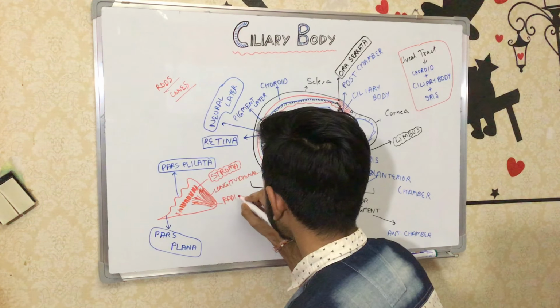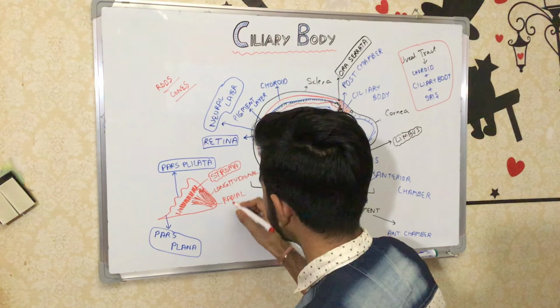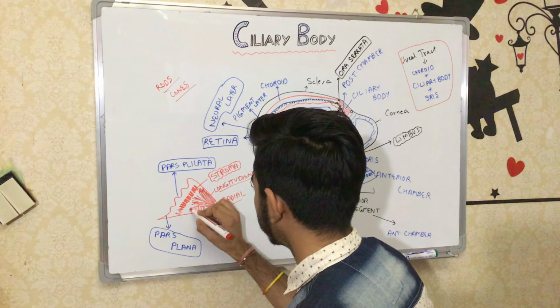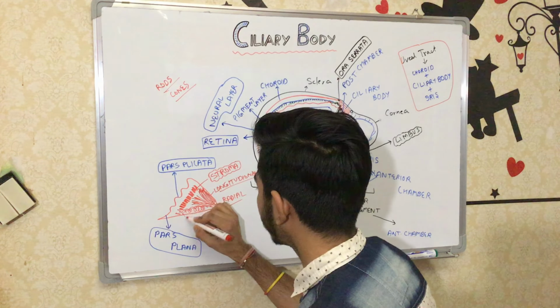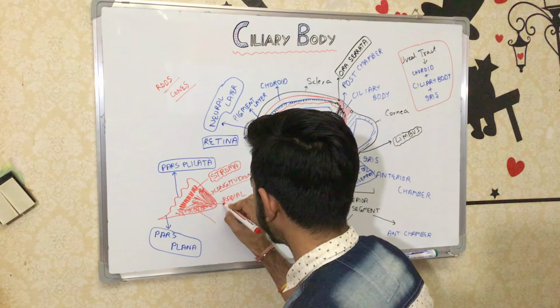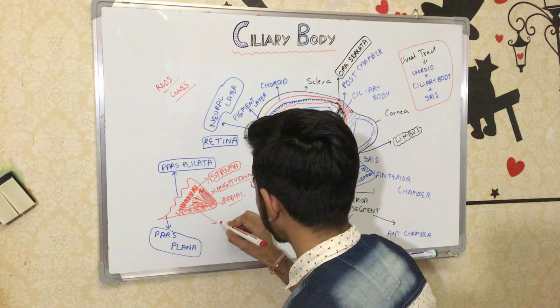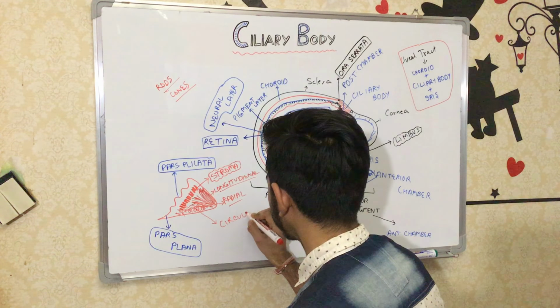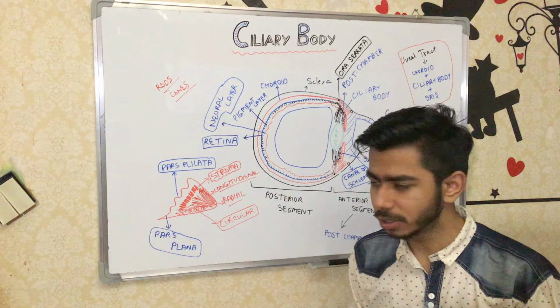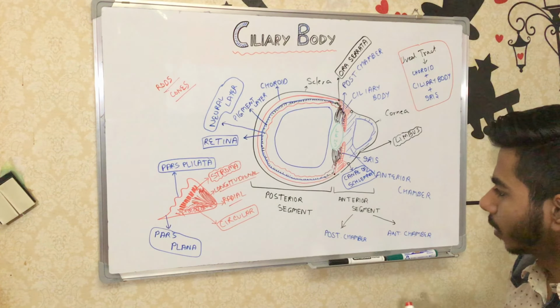So these are, for example, the radial fibers, right? And over here, the circular layer is present, circular fibers of the muscles. So these will be the circular ones, circular muscle fibers, you can say, of the ciliary body.